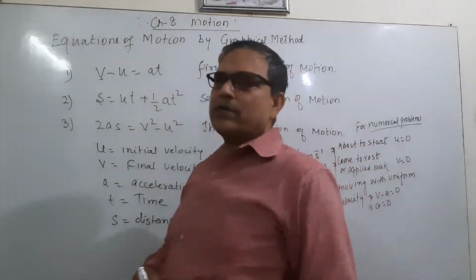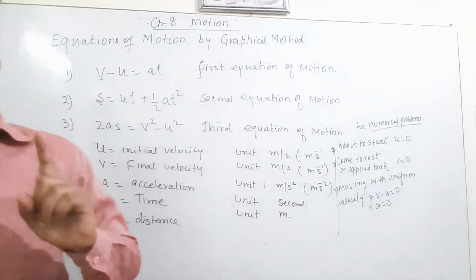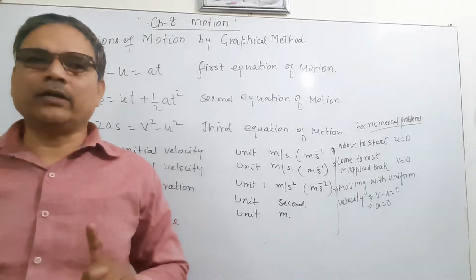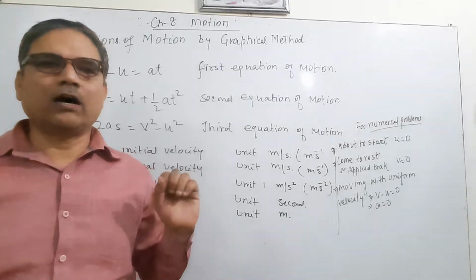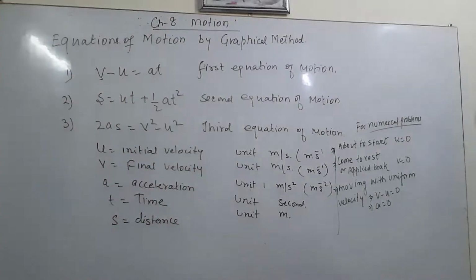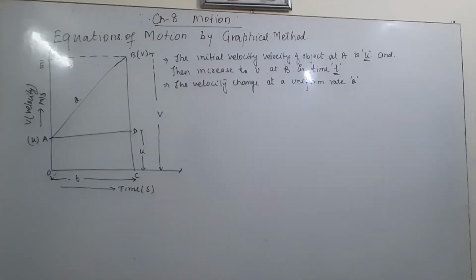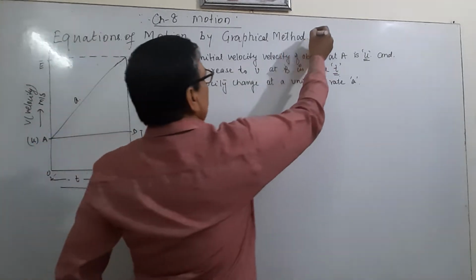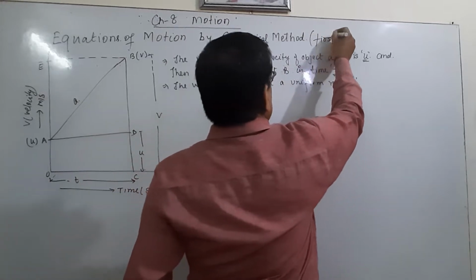And now the first equation of motion is v minus u is equal to at, and we have to verify it. How can we verify it? Please check it carefully. Now the graphical method for the first equation.